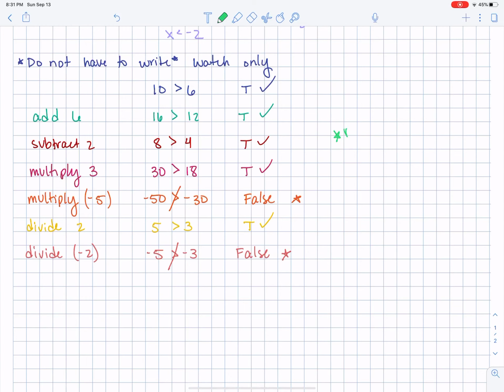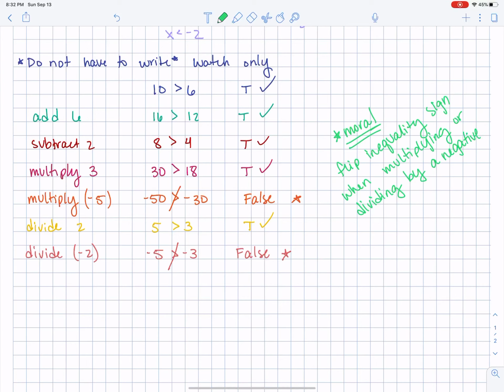The moral of the story is that you need to flip the inequality sign when multiplying or dividing by a negative number. So really go ahead, kind of etch that into the back of your mind there.